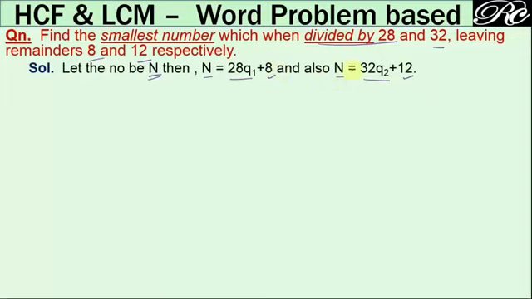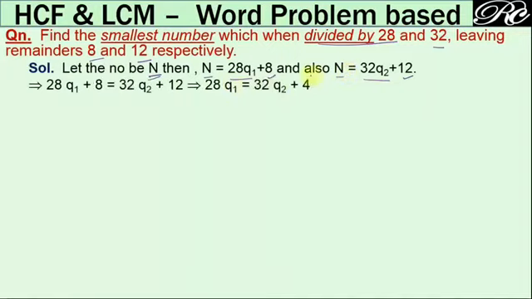Now here the remainders are different. So we have to get the general solution of q1 and q2 which can satisfy this n.